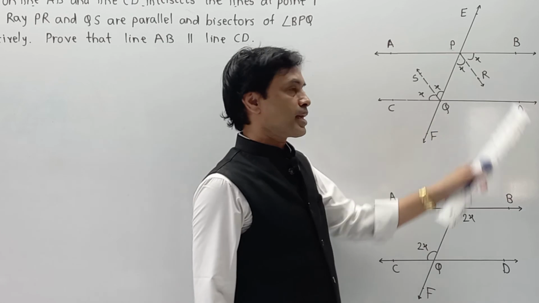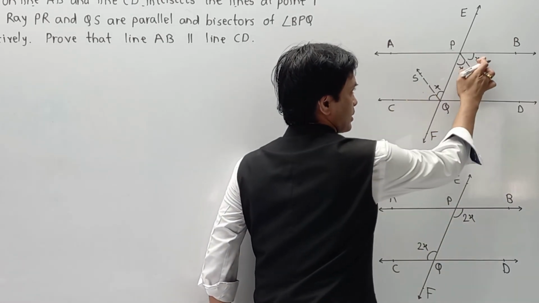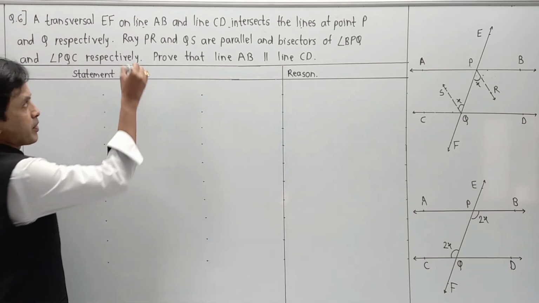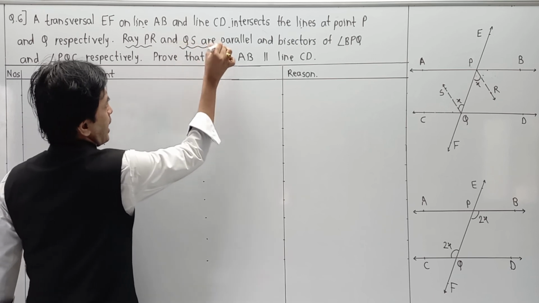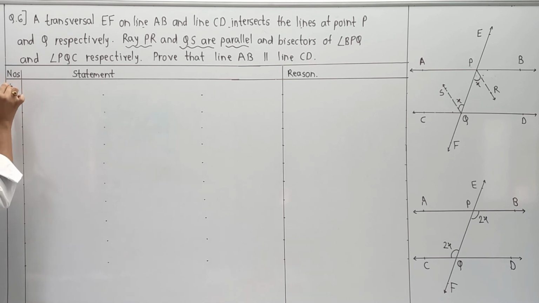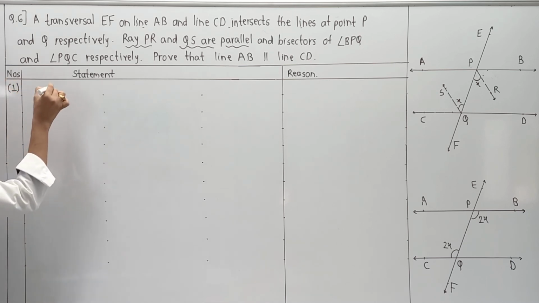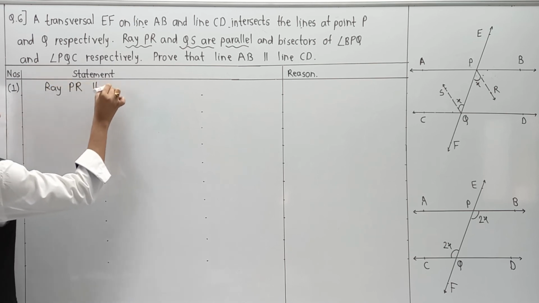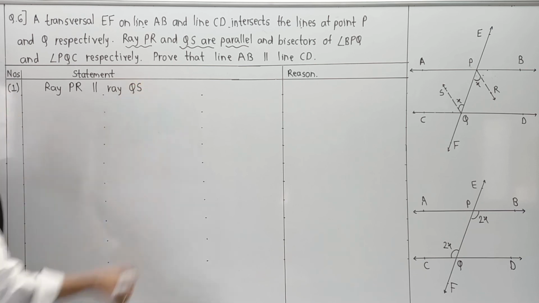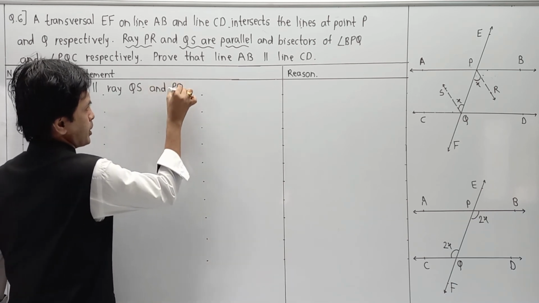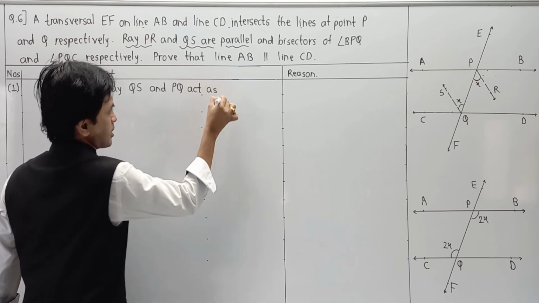So observe it. Taking the reference of this diagram, they have given ray PR and ray QS are parallel. First part: ray PR is parallel to QS, and PQ acts as a transversal.